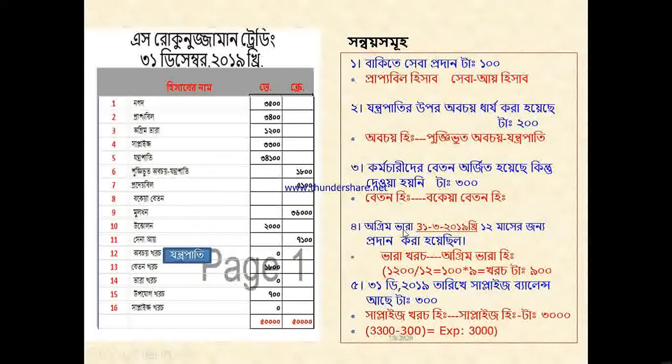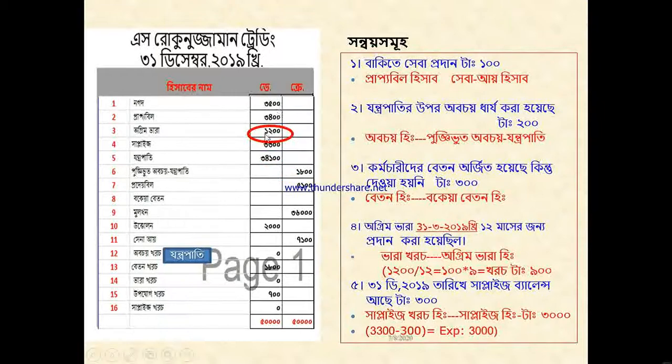Advance rent was given by the company to its owner on 31st March 2019 for 12 months. That is, advance rent provided by the company to the owner of the respective warehouse or other space.